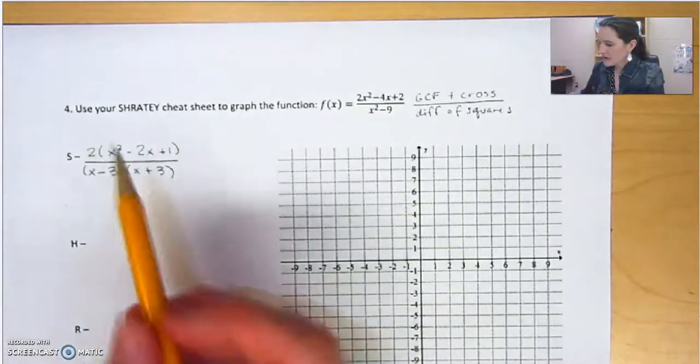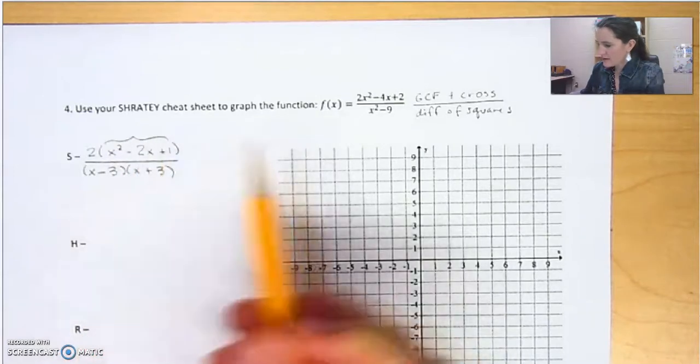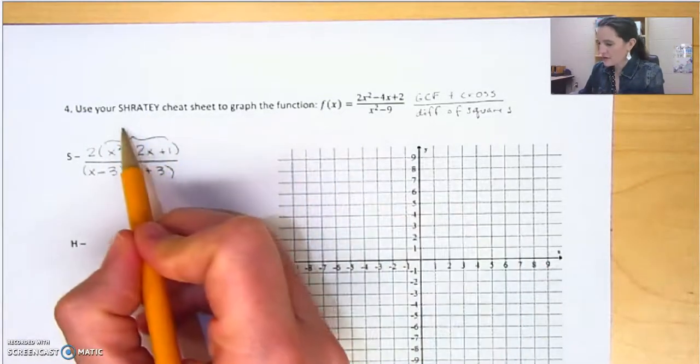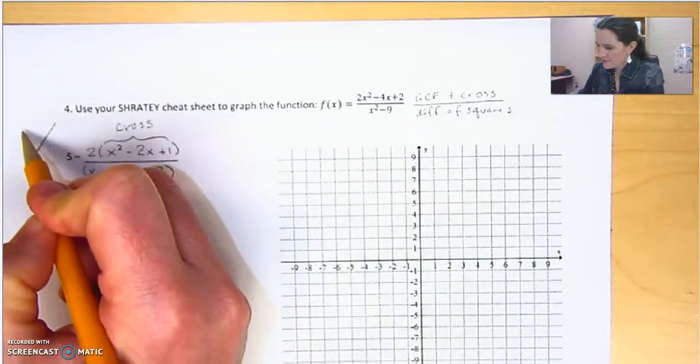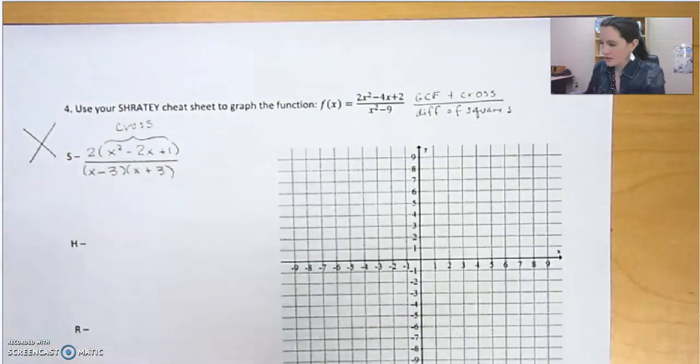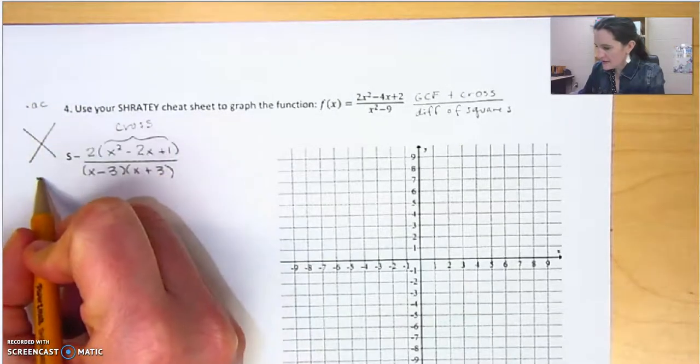Now we're not completely finished because this piece right here can be factored further using the cross method. So I'm going to make my cross. What multiplies to AC and adds to B?